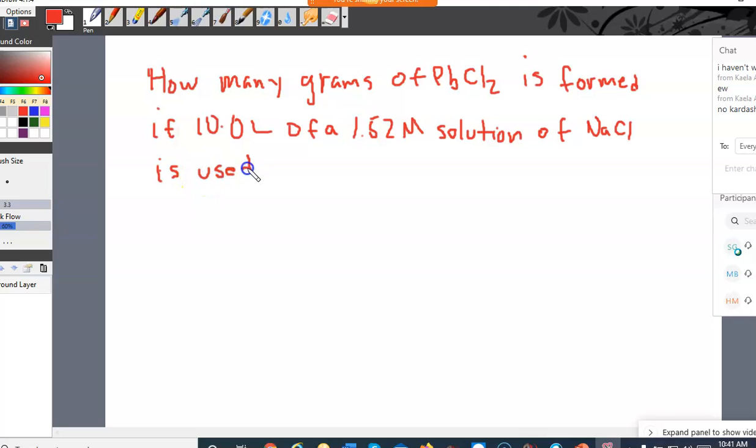How many grams of lead chloride is formed if 10, hold on one second, make sure I have the correct one. Yeah, okay.